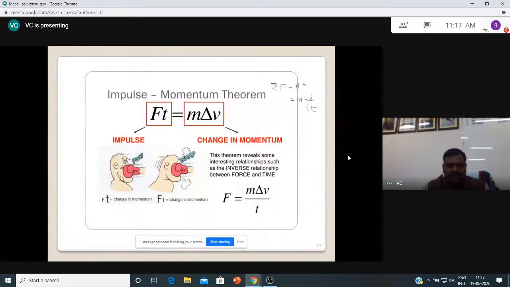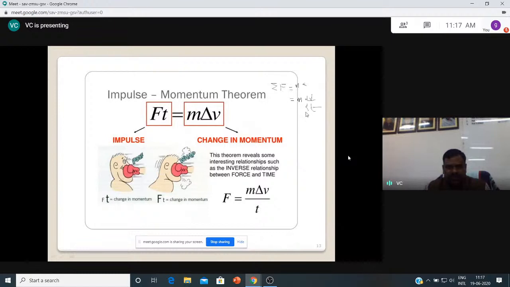Or in another case like boxing, initial momentum and final momentum. Here the important point is that force is equal to mass into acceleration, and acceleration can be represented as dv by dt.